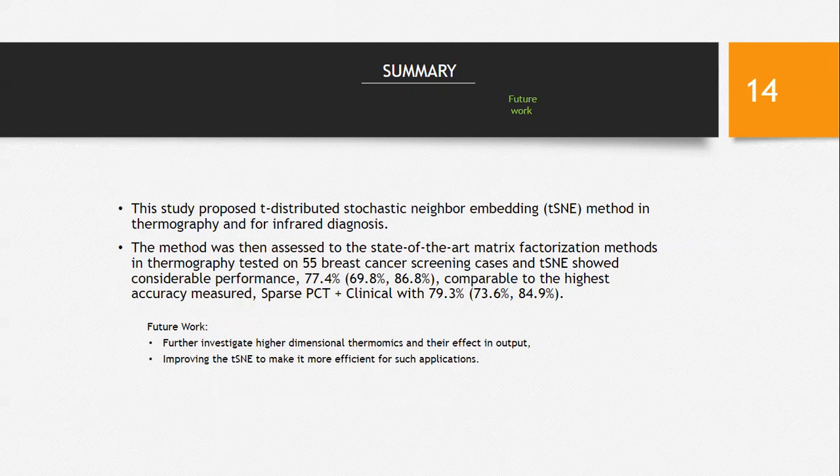The method was then assessed against the state-of-the-art matrix factorization methods in thermography and was tested on the 55 breast cancer screening cases, which was the training set. And tSNE showed a considerable performance of 77.4% accuracy compared to the highest accuracy measured, which was again the sparse PCT plus clinical information with a 79.3% accuracy.